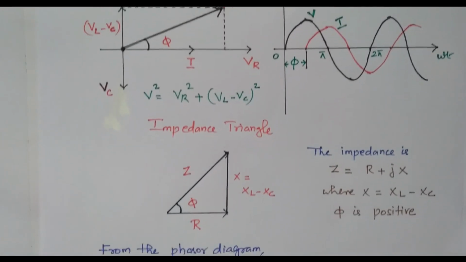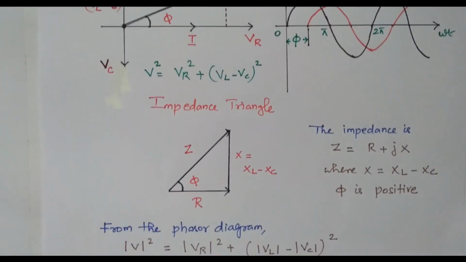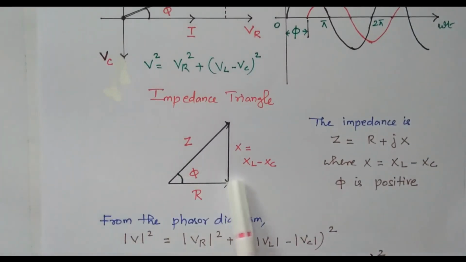Based on that, we have the impedance diagram. This is the resistance, in phase. The capacitive reactance is lesser, inductive reactance is more. So the voltage is leading, that is, current is lagging means voltage is leading, so we get it in an upward direction. This is the difference between XL minus XC.